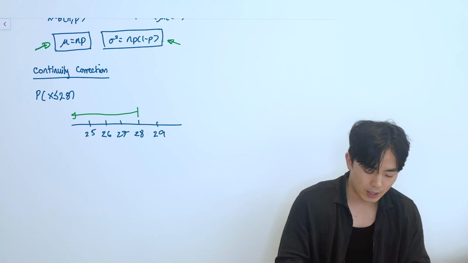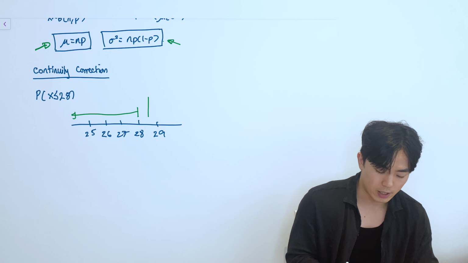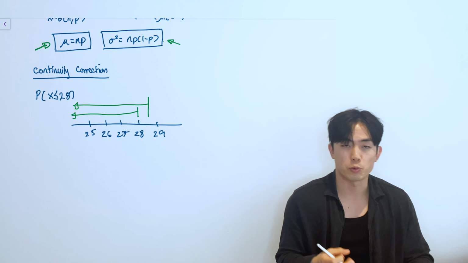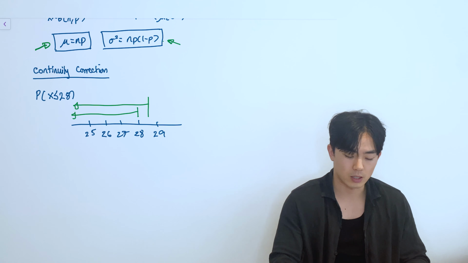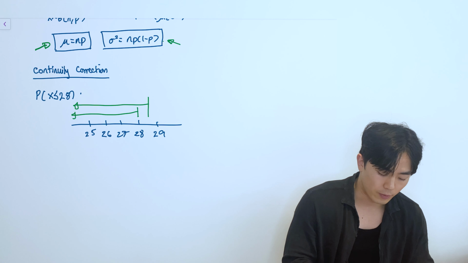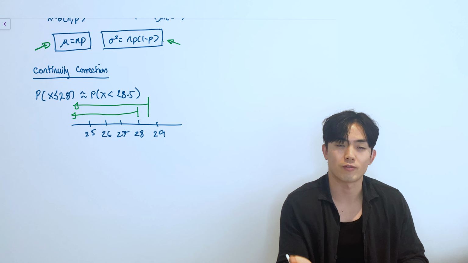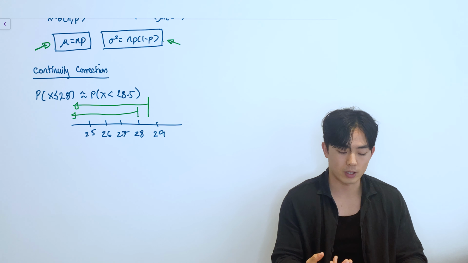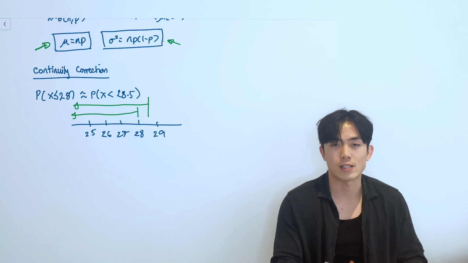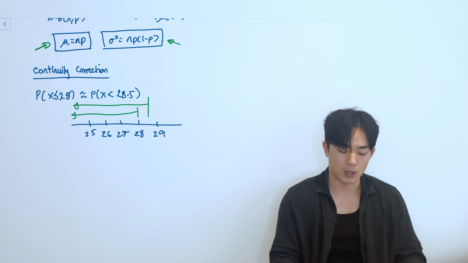So for a normal distribution, we have to include any values which would round to 28. That would include x being less than 28.5, because anything less than 28.5 would round down to 28. This is known as continuity correction, and this needs to be done when we're doing a normal approximation.